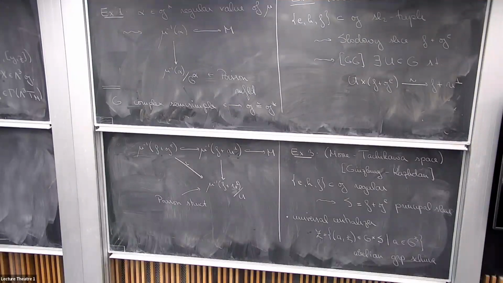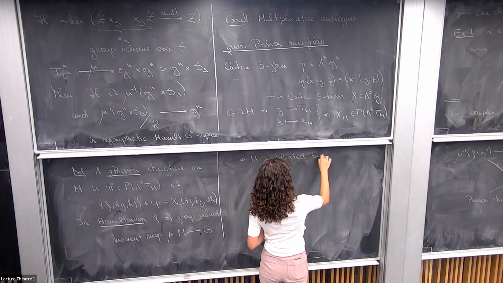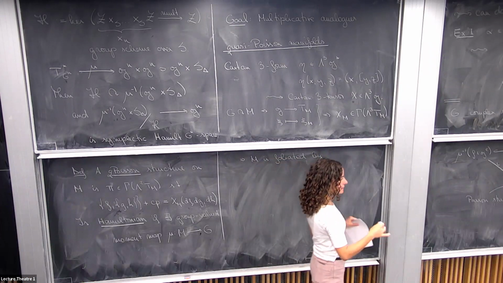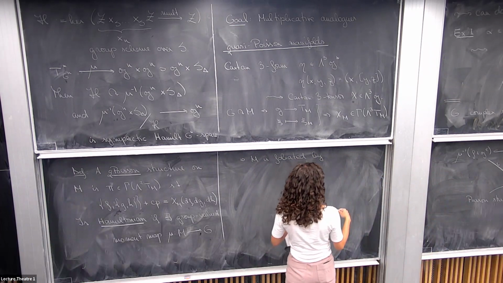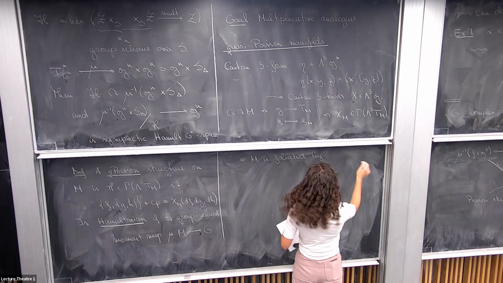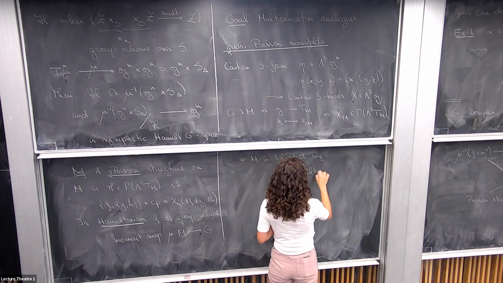that they also have a foliation by submanifolds that carry two forms. And these two forms are no longer symplectic, they're what's called quasi-Hamiltonian. So quasi-Hamiltonian leaves.